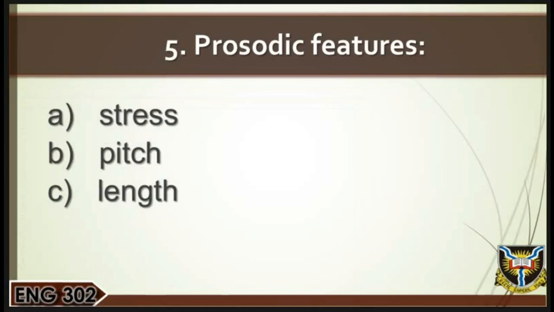Major class features: obstruents, vowels, glides, liquids, nasal. At the side: consonantal, vocalic, sonorants. Examples: consonantal, plus, minus, minus, plus, plus. Vocalic, minus, plus, minus, minus, minus.